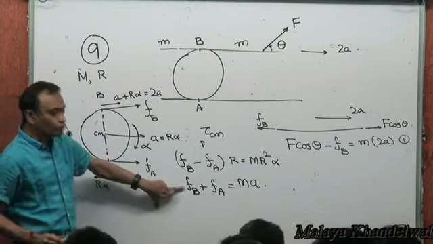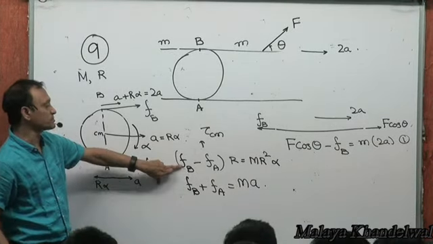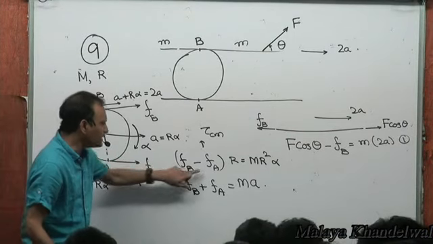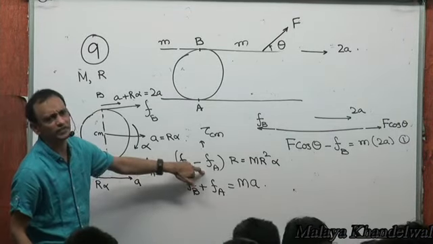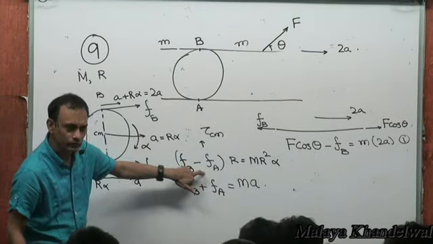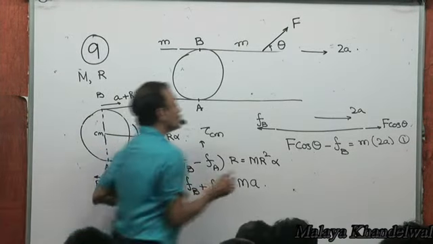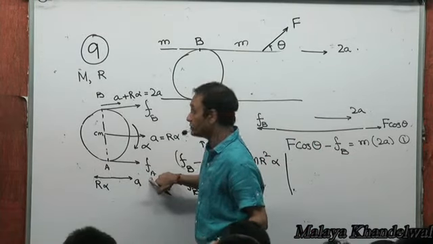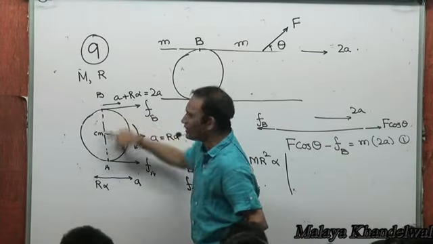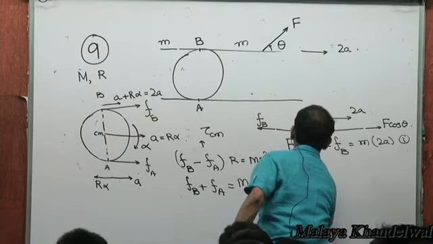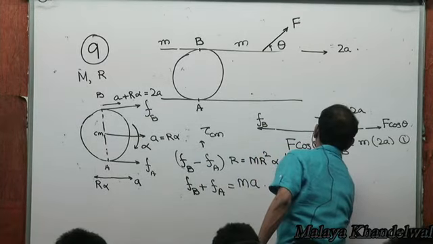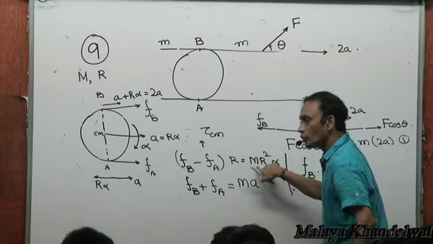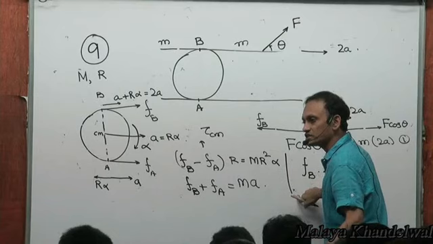Now, you don't have a substitute for this, but there is a substitute for this. I could have taken torque about A. So either I use this equation, or I could have even taken torque about A, the point of contact. If I took torque about A, then FA goes into oblivion. So I have FB into 2R. Either this or this, any one of them would suffice, right? Not this and this, either this or this would be fine.